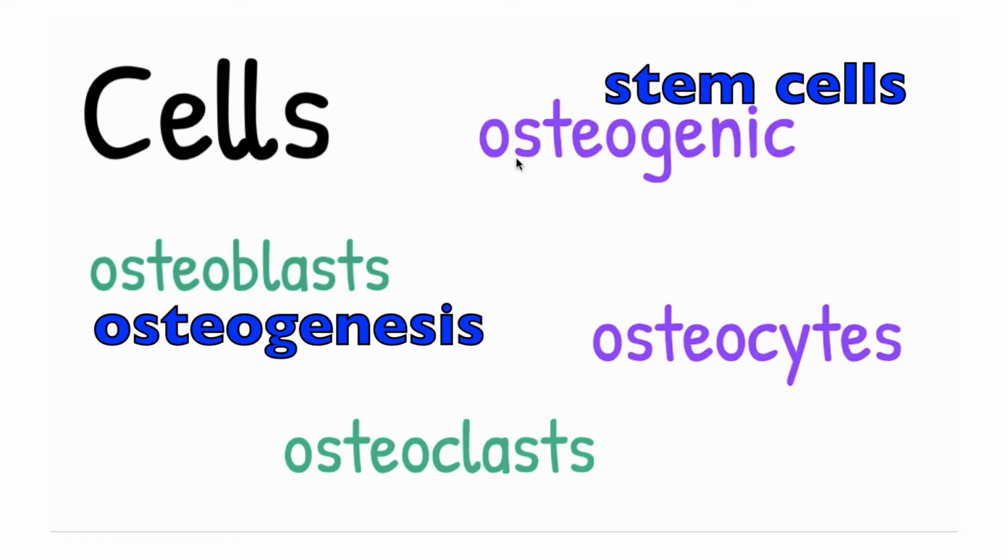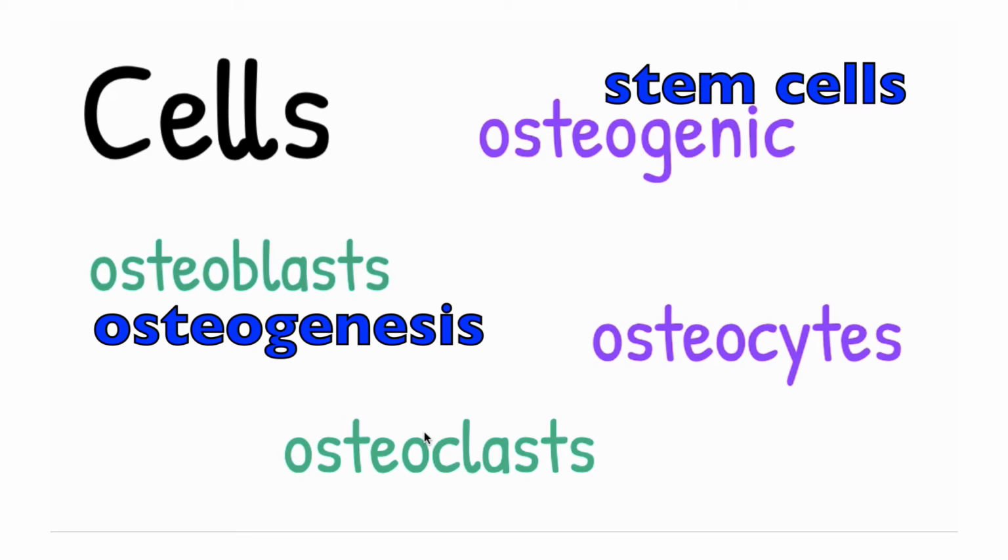And as we discussed in a previous video, the osteogenic cells, osteoblasts, and osteocytes are along the same lineage, whereas osteoclasts are more closely akin to the blood cell macrophages. And we'll talk more about those.